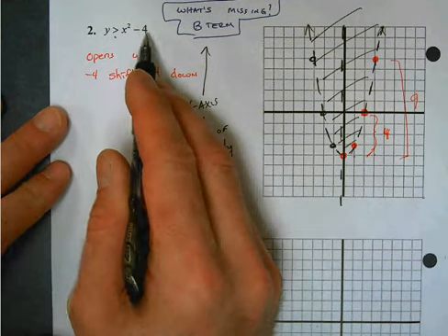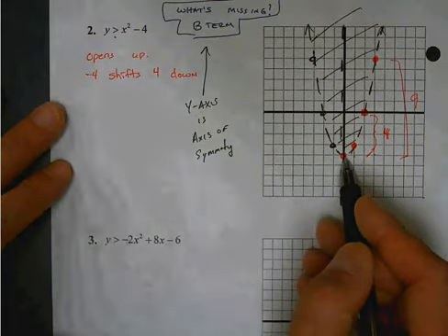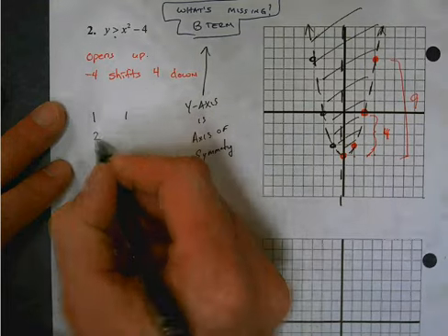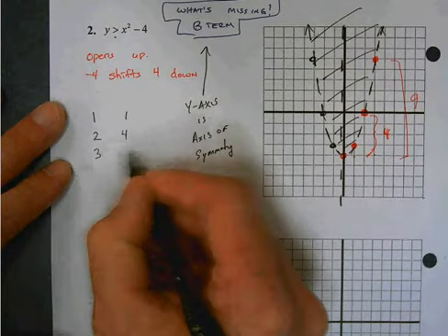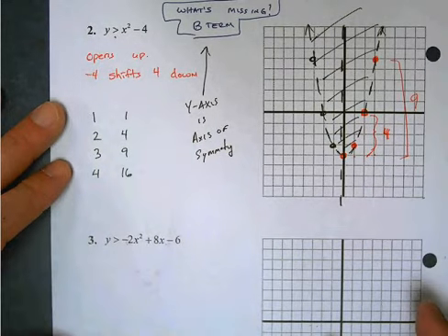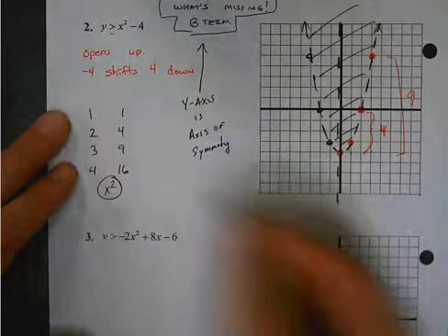I don't get how you got that. The pattern for a parabola is over 1, up 1, over 2, up 4, over 3, up 9, over 4, up 16. From the vertex? From the vertex, for a normal parabola that is just x squared.